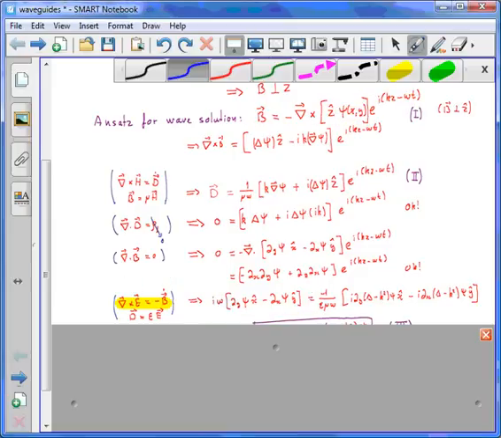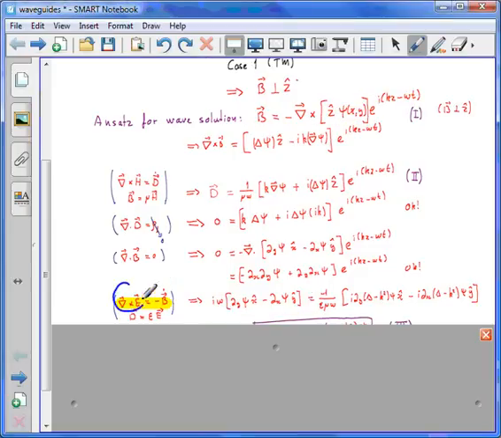So now we want to have a look at this term here, the curl of E. Again, the curl of E is taking the curl of D, but D is equal to epsilon E, so the curl of E is basically 1 over epsilon times the curl of D, which is given by this expression here, which shows this 1 over epsilon coming from this 1 over epsilon over there.